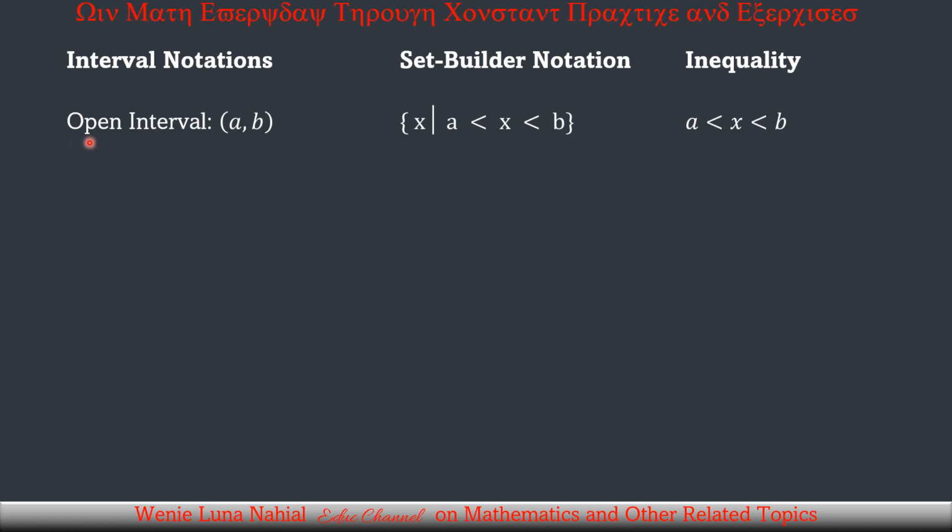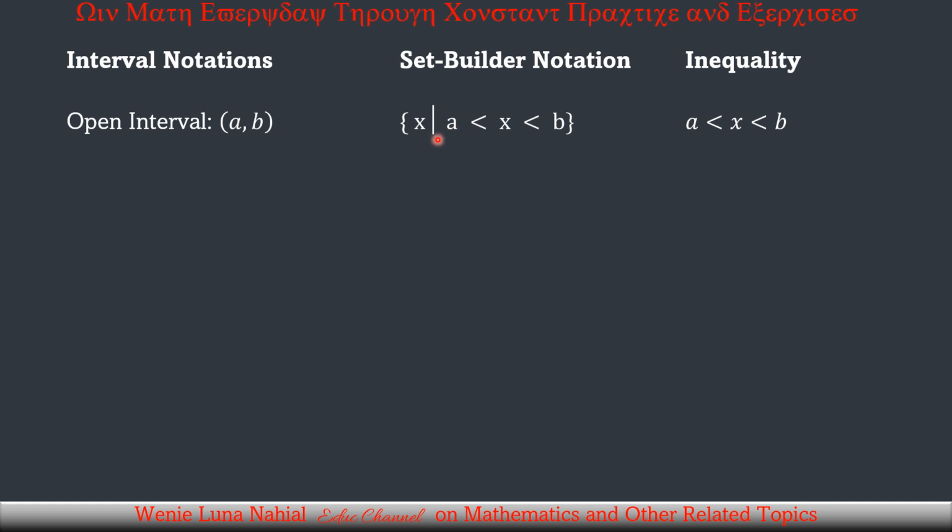For example, we have here the open interval. So our A and B in this open interval are excluded. And in the set builder notation, we have the use of the bracket. We say the set of all x such that, this separator, this vertical line, sometimes a colon is used instead of this vertical line.